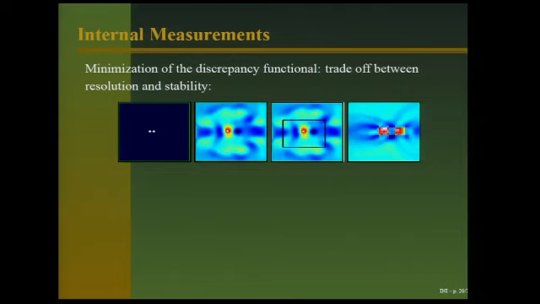Okay, and this is what I was talking about here. What measurements should you include in your algorithm? You include the whole measurements. This is the target. If you include the whole measurements, you get a worse resolution, because it's exactly the same idea as here.